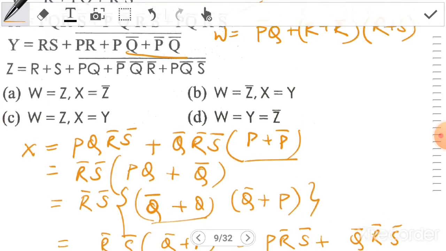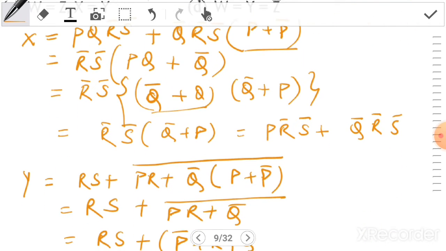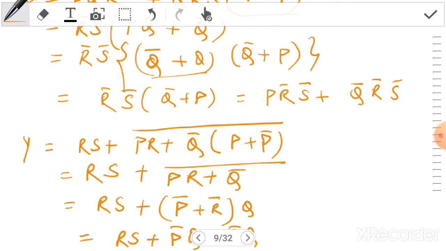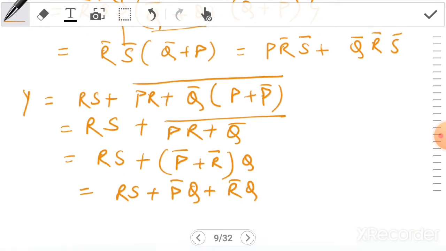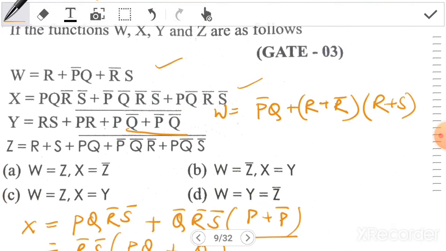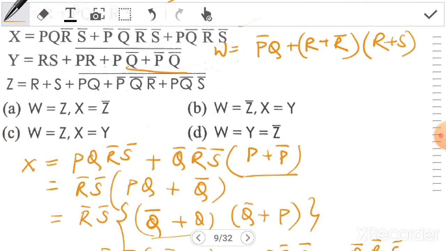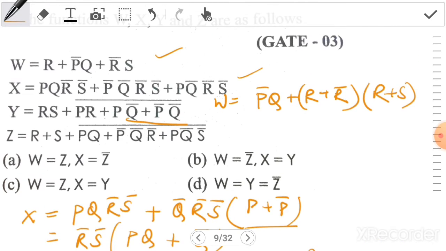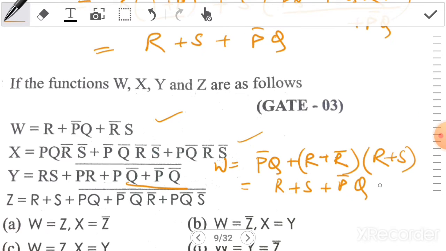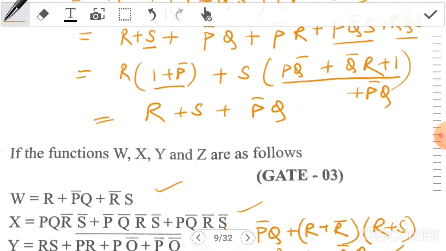So we have minimized W, X, Y, Z. So now let's see W and Z. Notice W, so this is R plus S plus P complement Q. So notice W and Z, they are same.